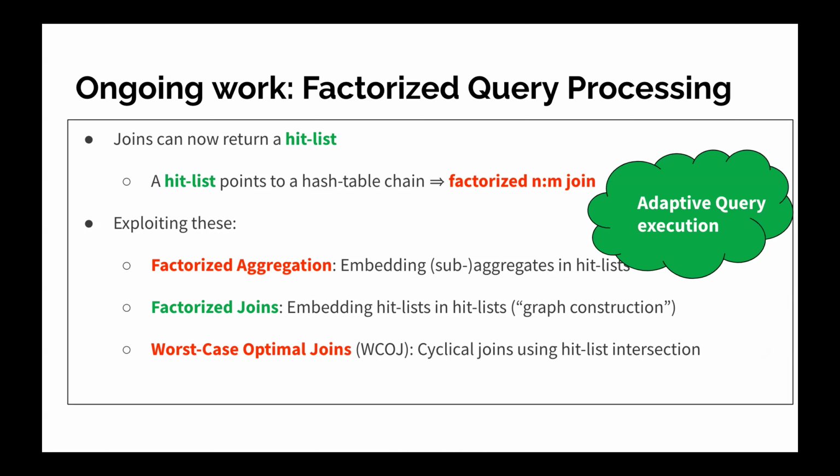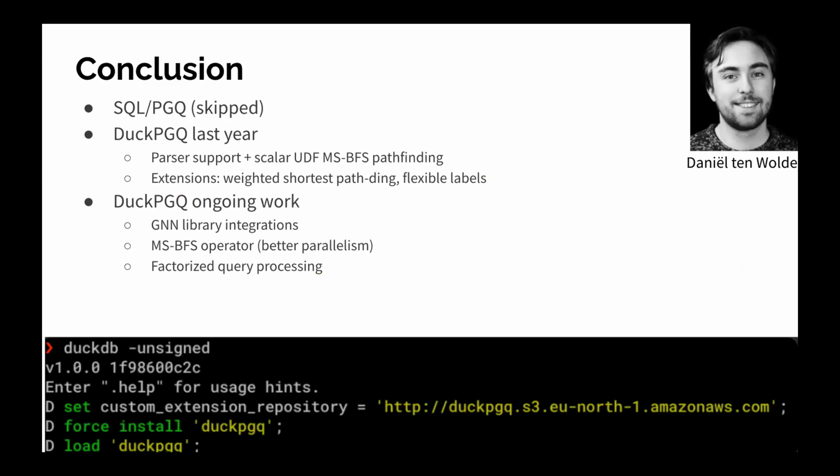Because after the hash tables have been built in a join plan, you have seen all the data, and you have very accurate statistics then on what the data looks like. Data distributions and the explosion factors. And so the idea is to make a dynamic adaptive decision to go for a worst-case optimal join or not. And that would be a first in a database system.